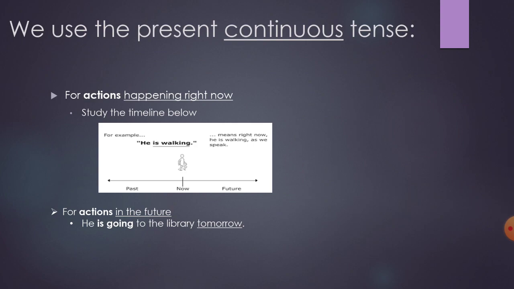The first situation is for actions happening right now. Let us study the timeline there. He is walking. His walking is an example of the present continuous tense, meaning in this situation, right now, as we speak, he is walking.